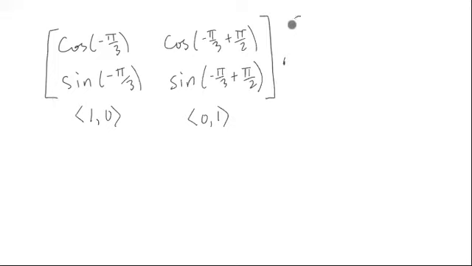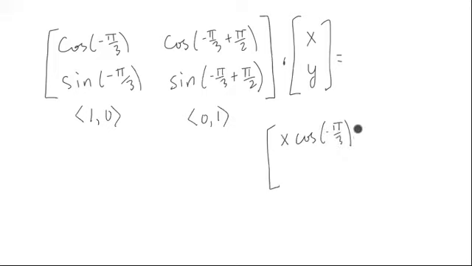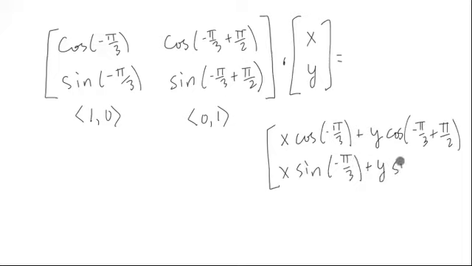We could take a matrix multiplication of this and x, y and end up getting, as a result: x cosine of negative pi thirds plus y cosine of negative pi thirds plus pi halves, and x sine of negative pi thirds plus y sine of negative pi thirds plus pi halves.